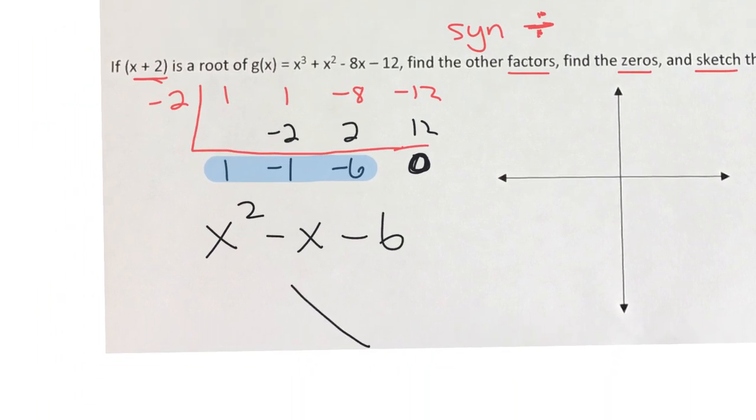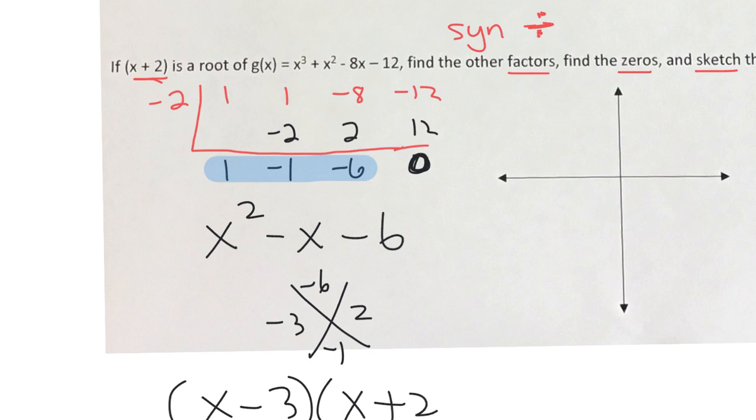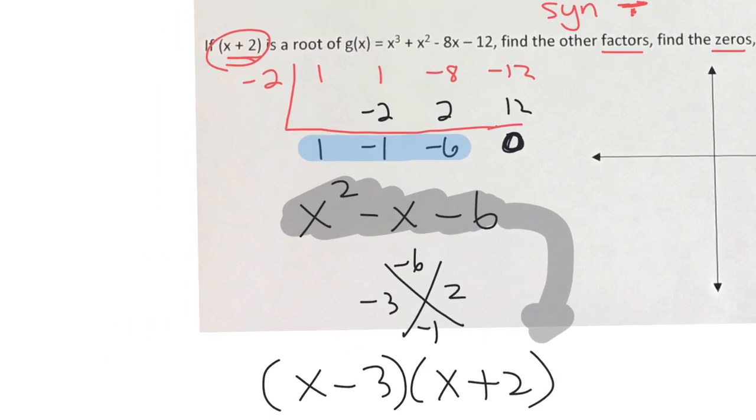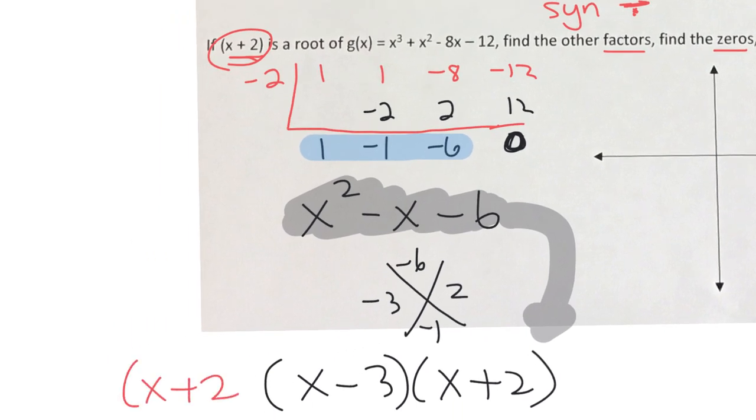What numbers multiply to give us -6 and add to give -1? -3 and +2. So we can factor this to x minus 3 and x plus 2. That comes from your quadratic right here. This quadratic factors to these two terms. And we still have to remember our first root up here of x plus 2. So this is completely factored.